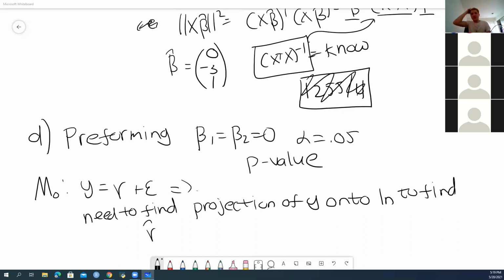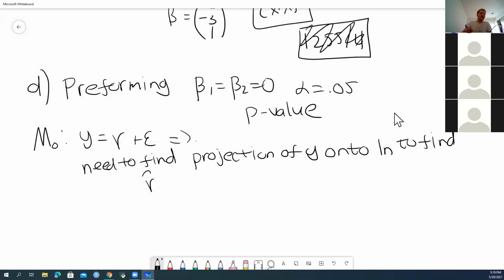If you're just predicting y with one value, gamma hat is just going to be equal to the mean of y, which is the projection onto this vector of ones. So gamma hat is the projection of y onto 1n, because that's our only value. And we already know it's going to be the -1 vector.